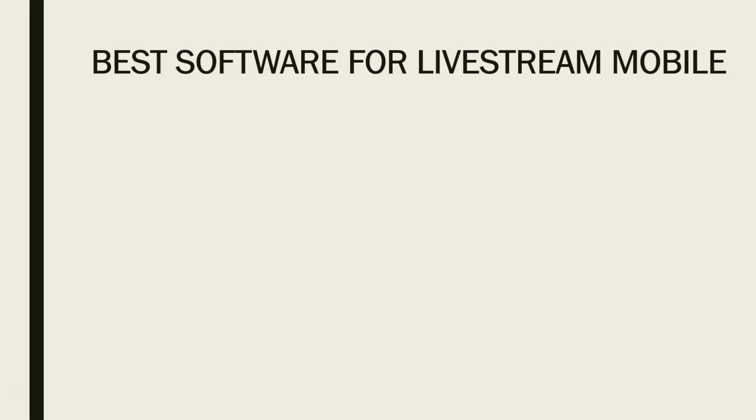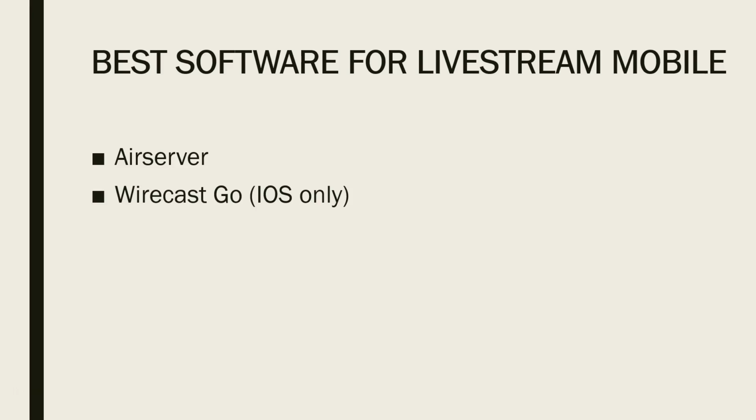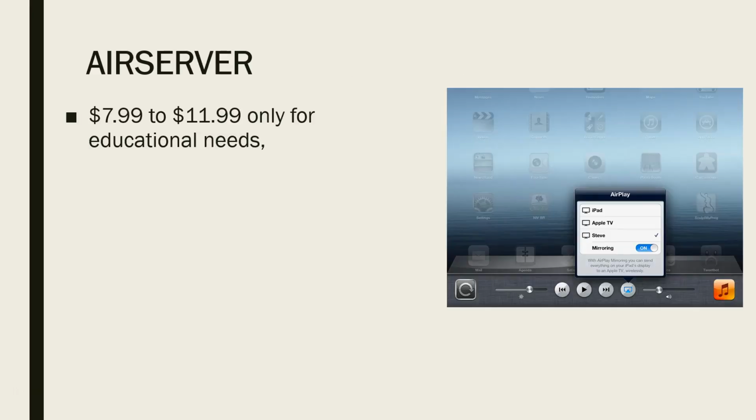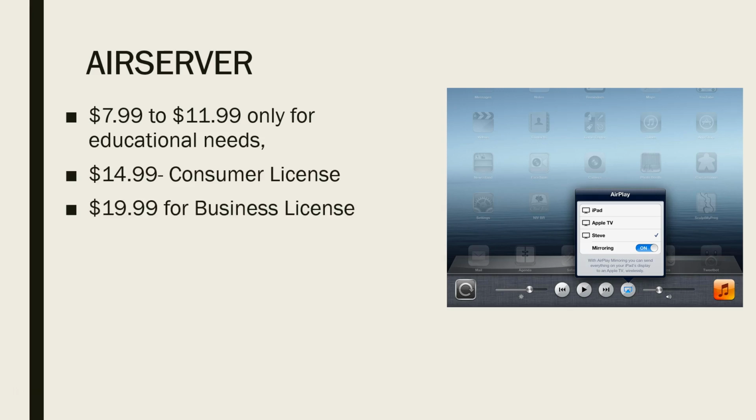Now here are the best software for live stream mobile. We have AIRSERVER and WIRECAST Go. Now that's for iOS only. So what's AIRSERVER? It's paid. So you have $7.99 to $11.99 if you're educational. If you want a consumer license, it's $14.99, and $19.99 for a business license.